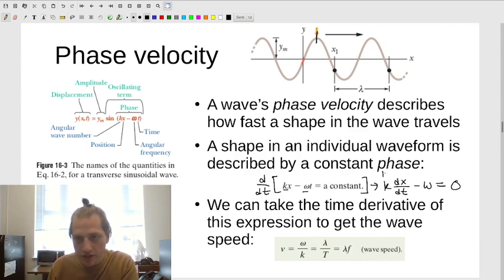Okay, so this is kv, where v is the phase velocity, minus omega equals 0. And then you can solve for the phase velocity. The phase velocity is just going to be omega divided by k.